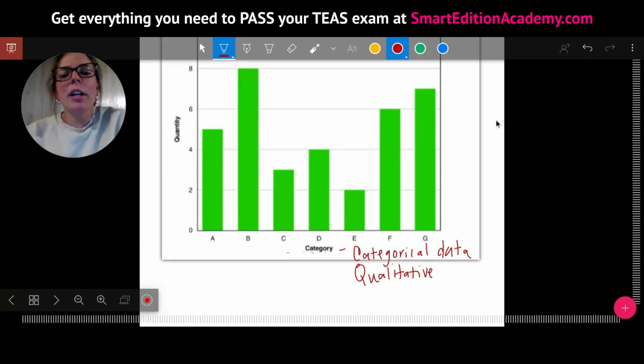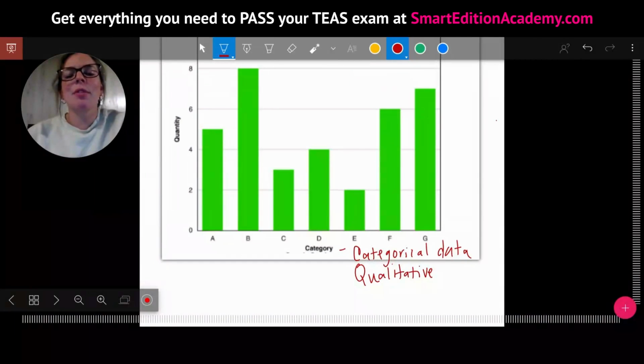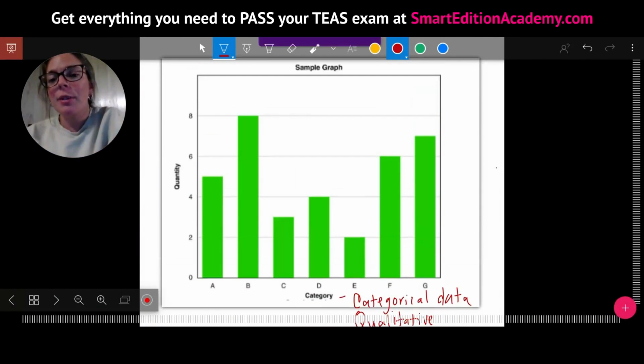That's essentially if we're talking about something that can't be expressed as a quantity or as a number value. So maybe we're talking about different colors or different types of pets or students' favorite subject in school. That is all different types of qualitative data versus a quantity or a frequency.